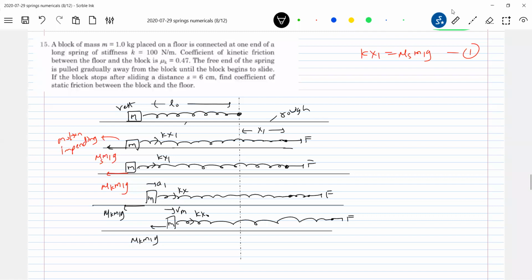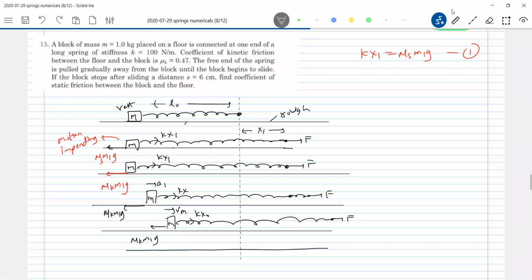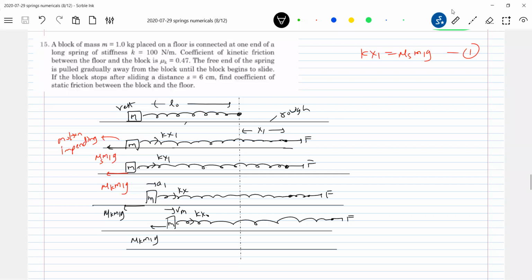Tell me now, after this, what will happen? The spring force will become less than mu k m1 g. And what is the state of the block? The block will decelerate and undergo retardation. Let me call it kx2, and I'm showing the retardation like this, a2.